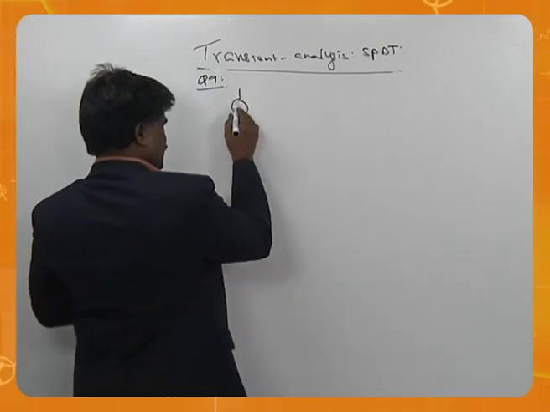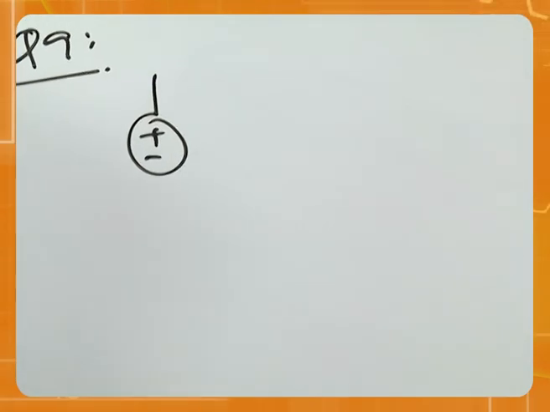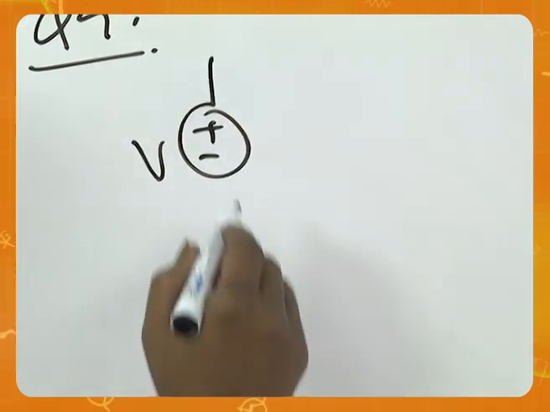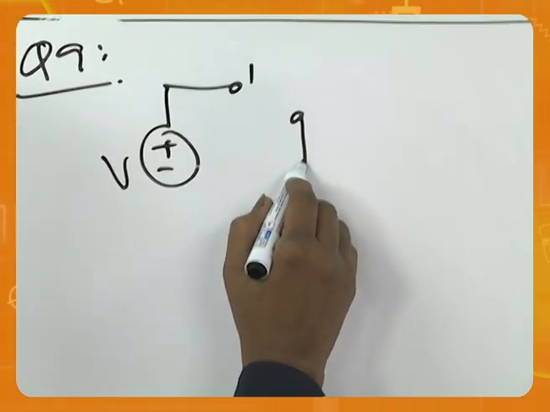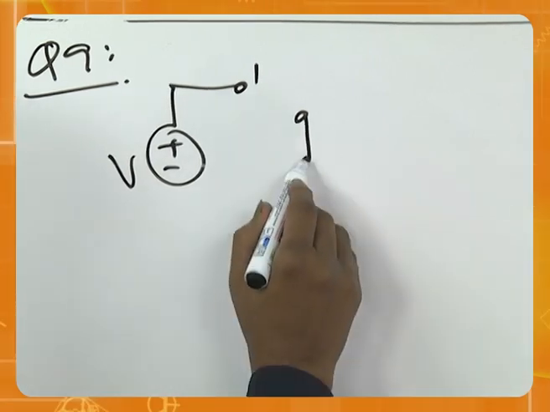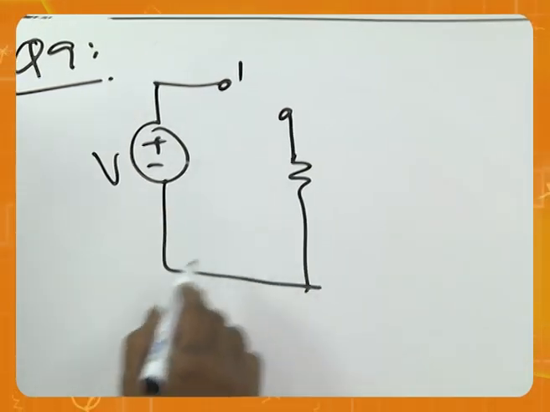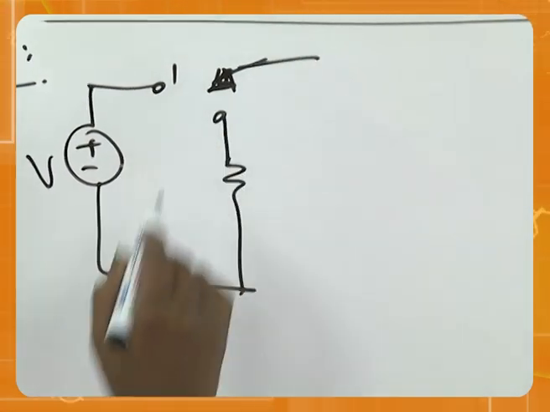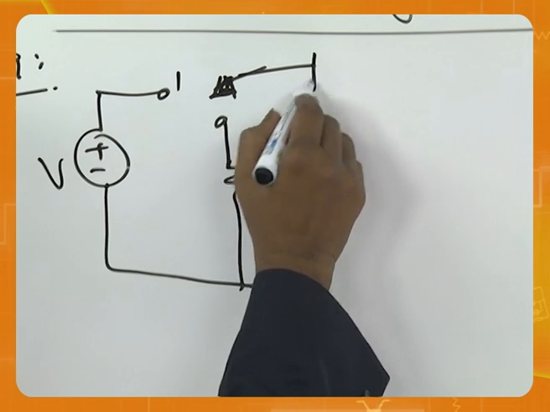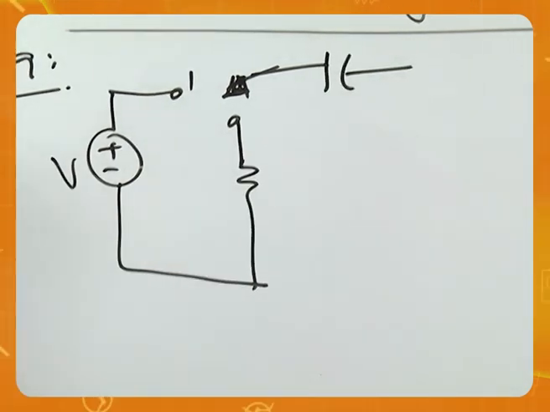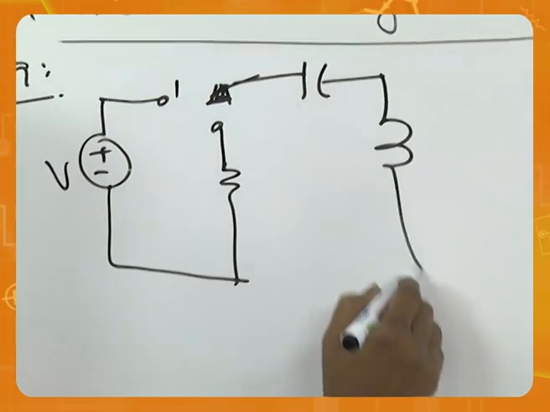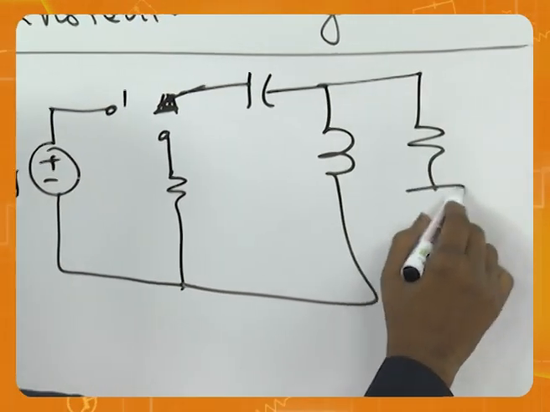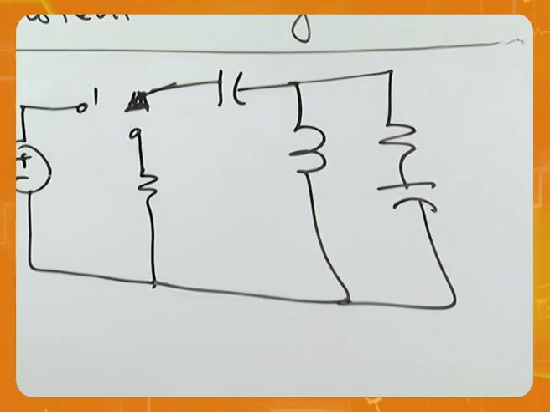This is the voltage V, then position 1, position 2 here, switch is there, capacitor, inductor, like this.